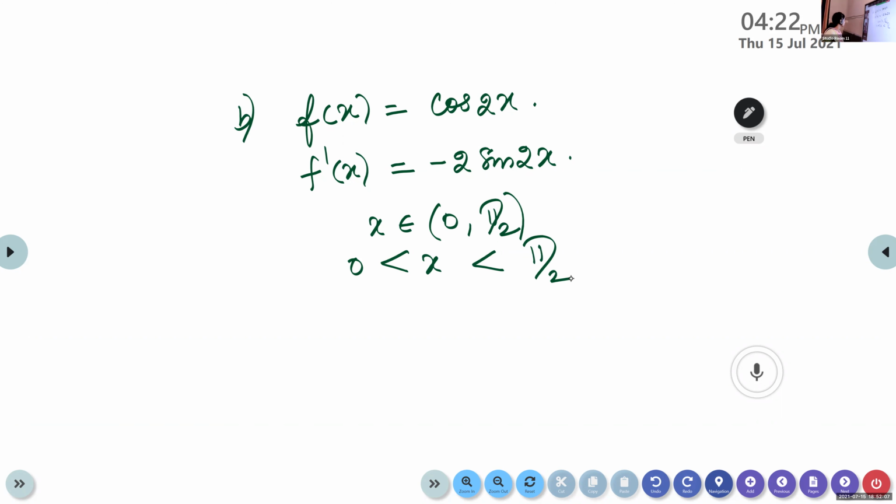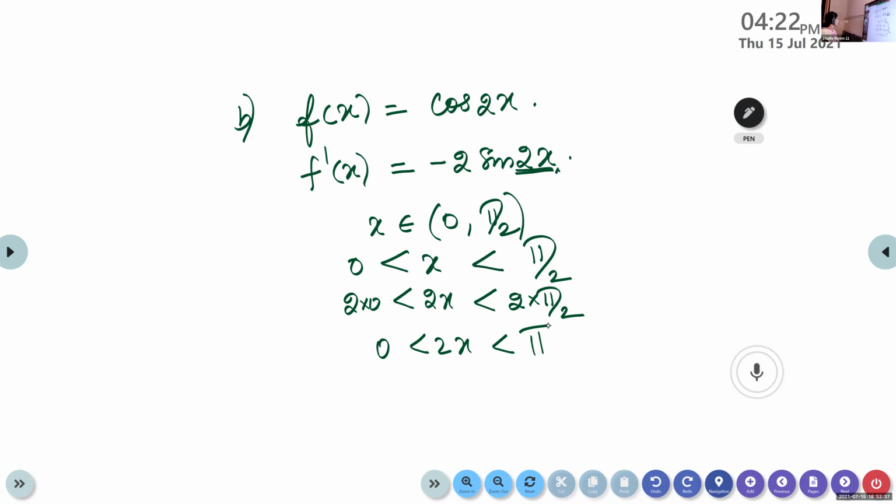Now here we want 2x, so I'm going to multiply this inequality by 2. So 2 into 0 is less than 2x is less than 2 into pi by 2. That is 0 less than 2x less than pi.